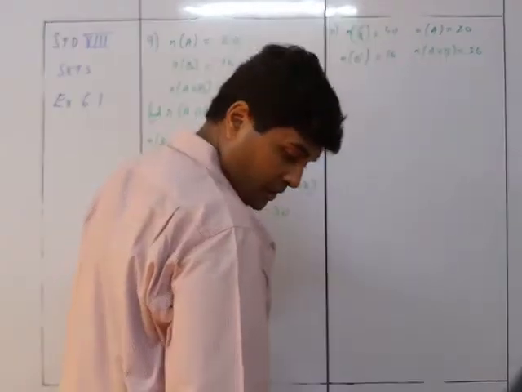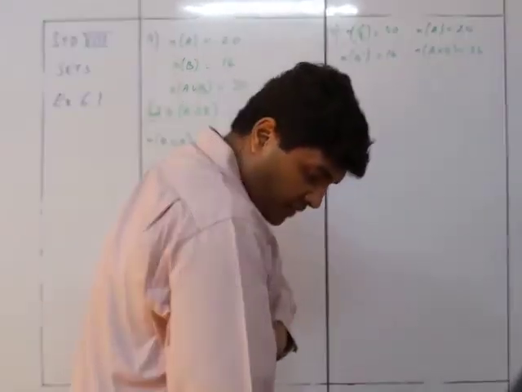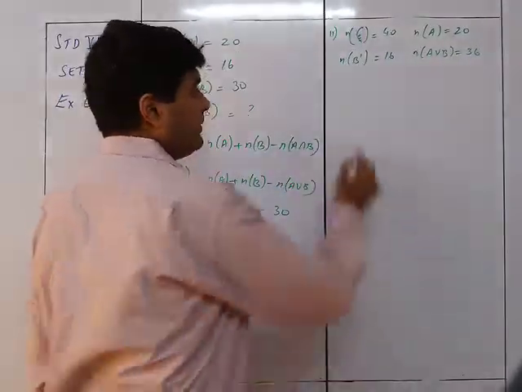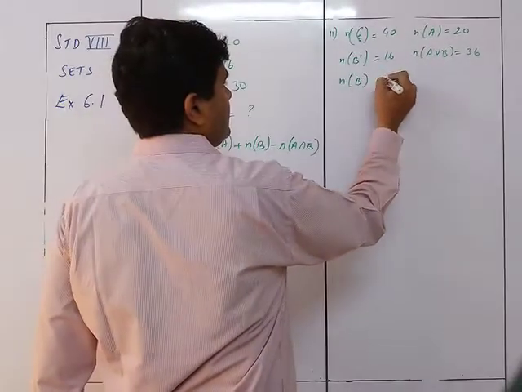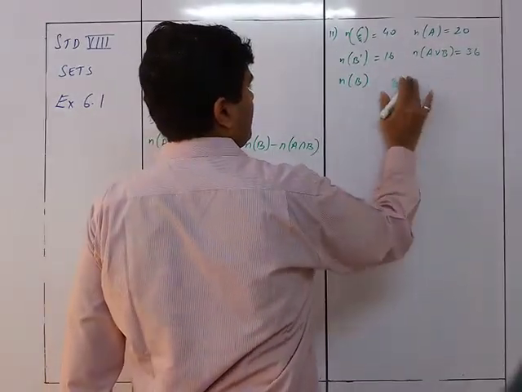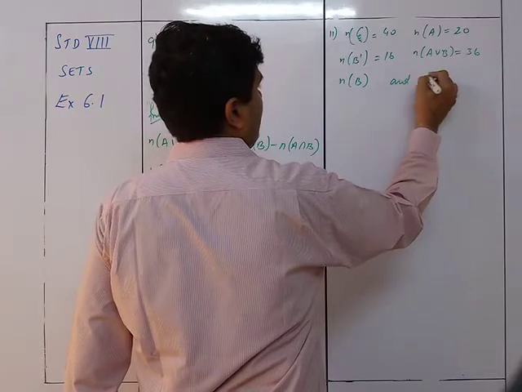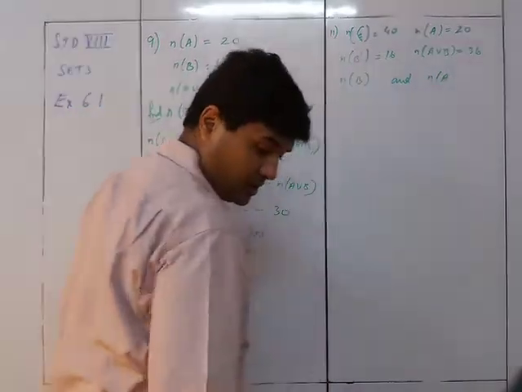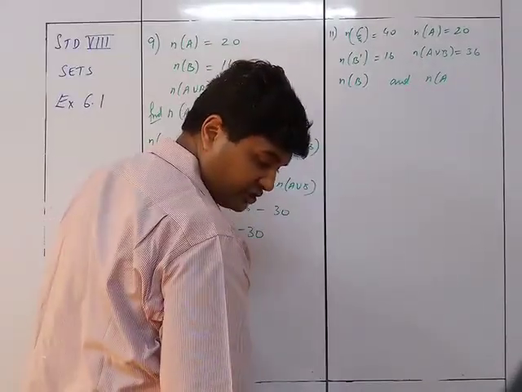Finally, we need to find n(B) and n(A intersection B).